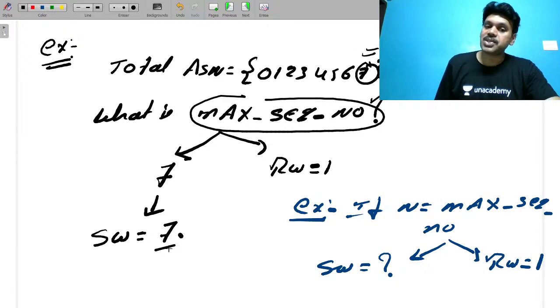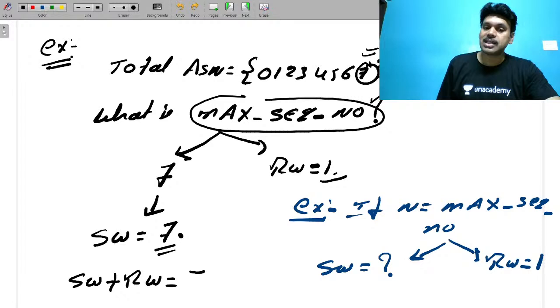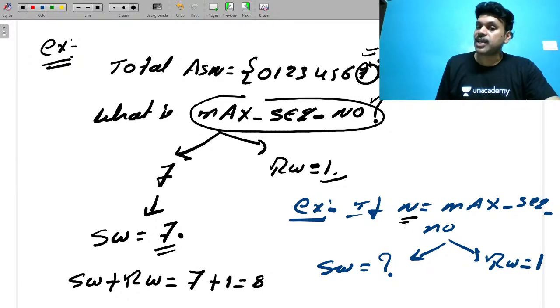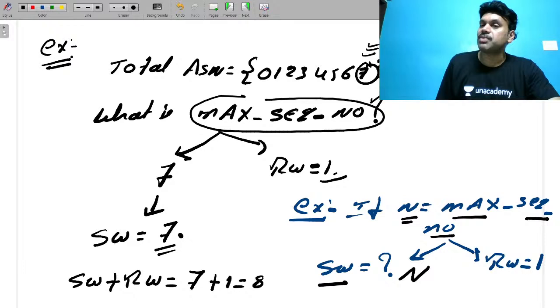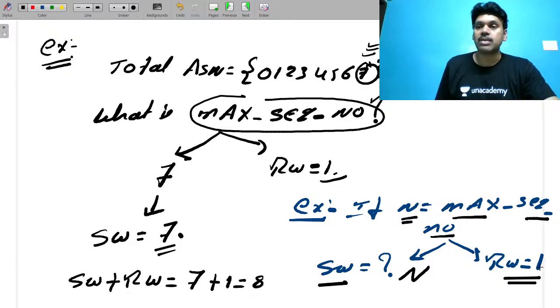So sender can send 7 frames and receiver can send 1 frame. Therefore, SW plus RW is equal to 8 sequence numbers, which is 7 plus 1, equal to 8. Here also, when I say n is equal to maximum sequence number, your sender window size is n only. N is nothing but your maximum sequence number 7, and receiver window size is 1 always.